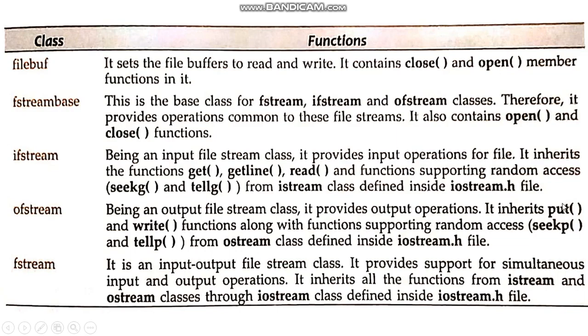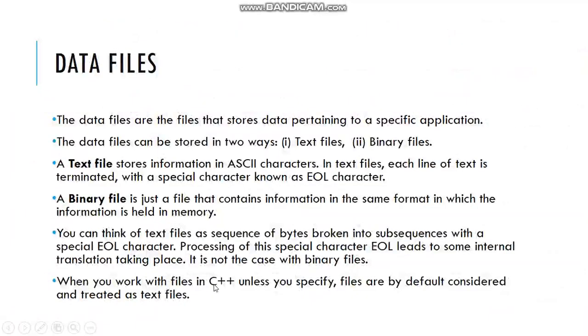The functions used over here are put and write. And the last one is fstream. It is an input and output file stream class. It provides support for simultaneous input and output operations. So both of these can be merged together, and instead of writing each of them individually, we can just write fstream.